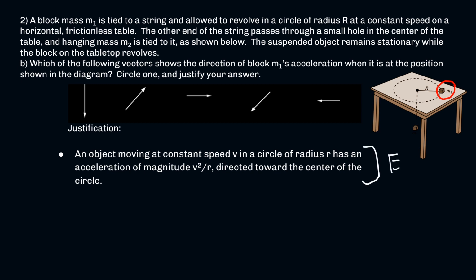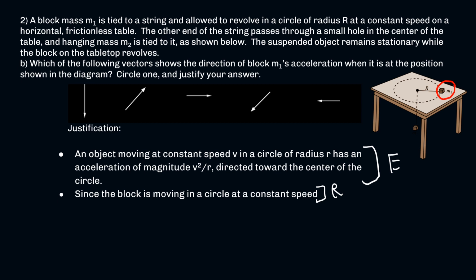Now I'm going to explain this fact. I know this mass is moving in a circle at a constant speed, so that's going to be my reasoning here: since the mass is moving in a circle at a constant speed. My claim is then based on this, that the vector that best represents the acceleration is pointing to the left, because based on the diagram, that is towards the center of the circle at the point of the object's motion.